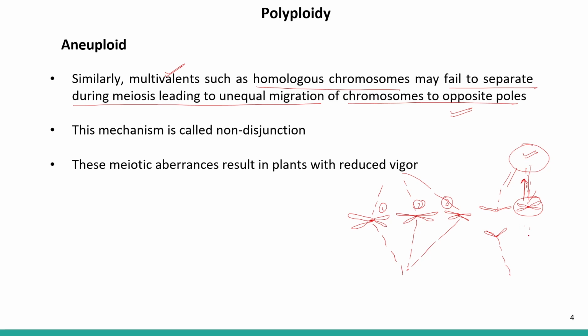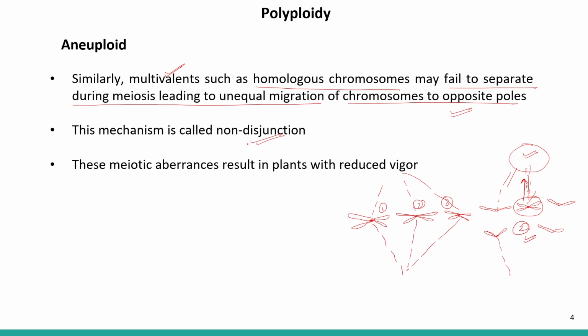But what happened to this side? On this side, there will be no chromosome number 2. This particular phenomenon is called non-disjunction of the chromosome. So in multivalents, the homologous chromosomes may fail to separate during meiosis, leading to unequal migration of chromosomes to the opposite poles. This is called non-disjunction of the chromosome.